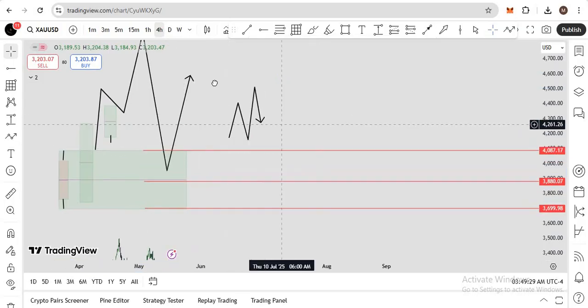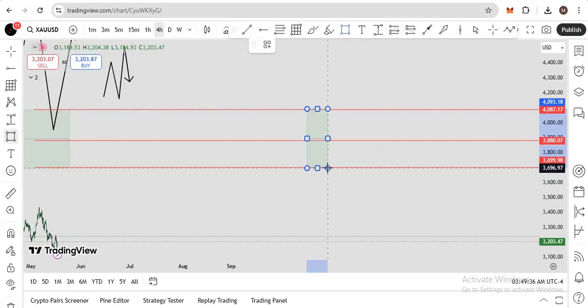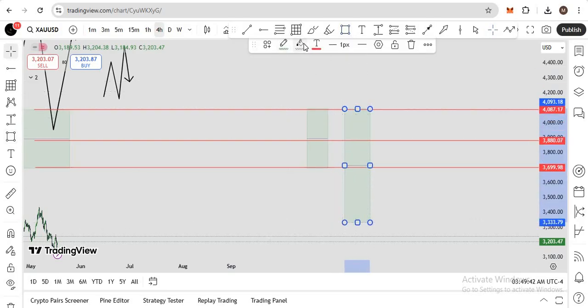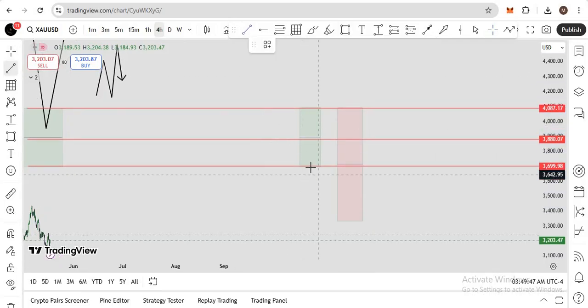Now let me show you the bearish scenario. We have this bearish candle, and then we have a bearish scenario here.